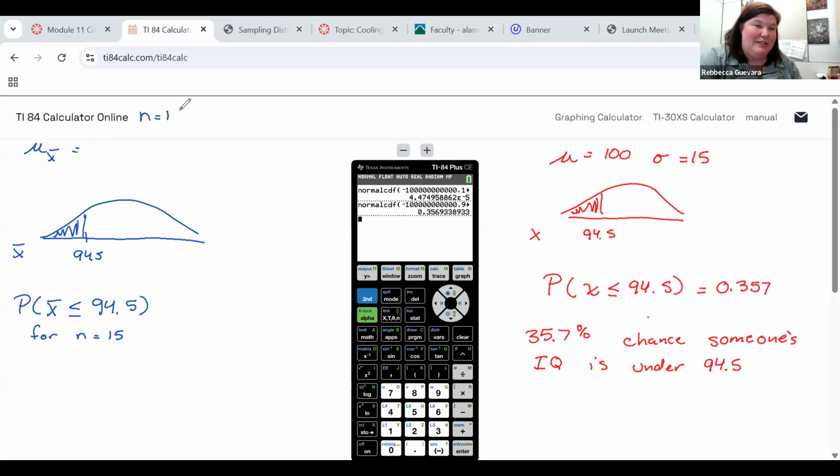If n is 15, what we're going to get is a mean of 100, because that doesn't change, but my standard deviation for my sampling distribution is going to be the 15 that I had before, divided by the square root of my sample size, which happens to be 15.